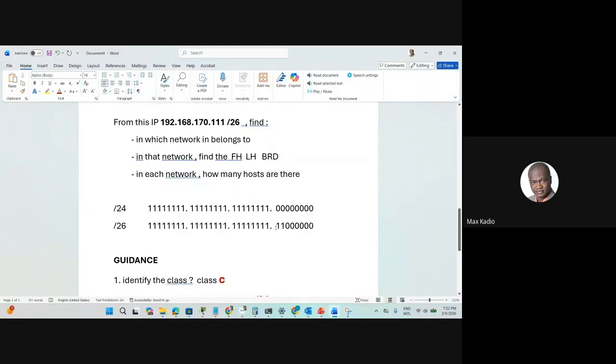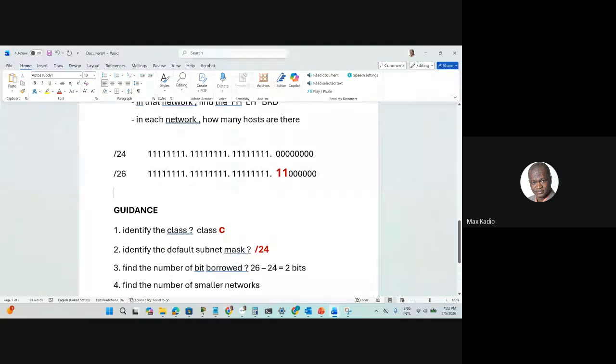It means we added 2 more, or we borrowed 2 more from somewhere. That's why step number 3 is find the number of bits borrowed. You do 26 minus 24, 2 bits. I borrowed 2 bits.